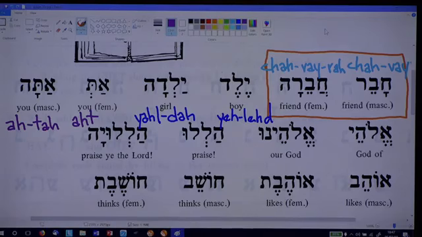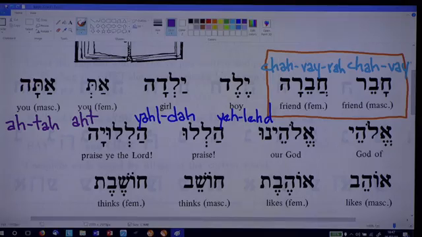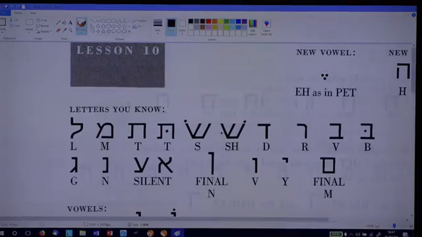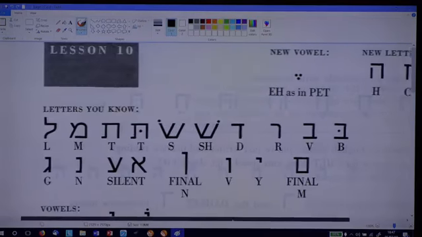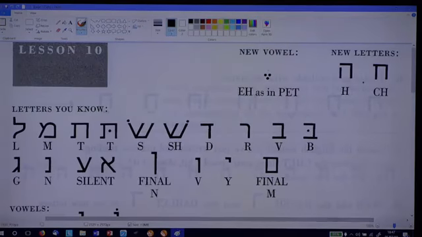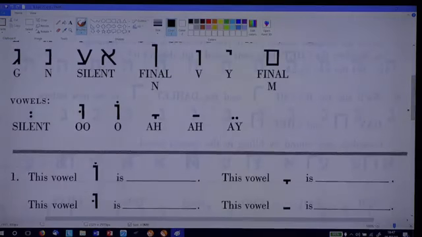Okay. Review. Go back to page 27 and review that top header where you got all the new letters and all of your old letters and your vowels.